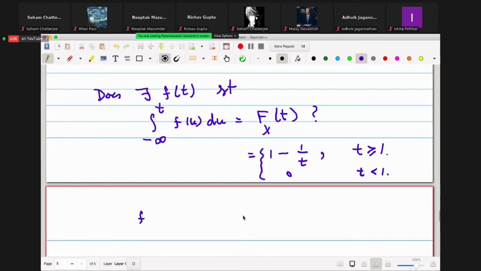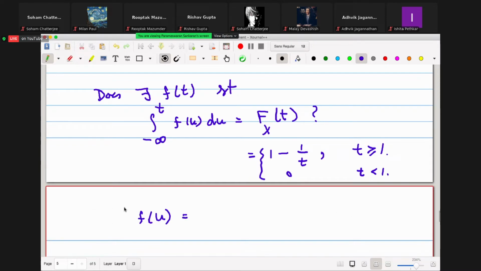So you see, what is it that you are solving? By the fundamental theorem, if F is indeed this one, when I take the derivative of F, I should get little f.